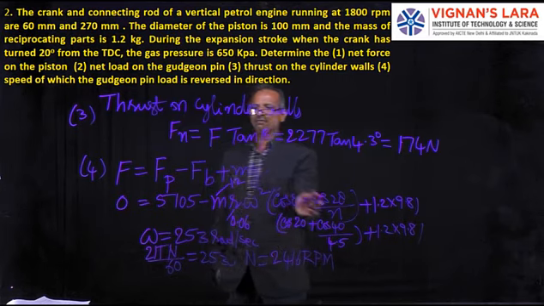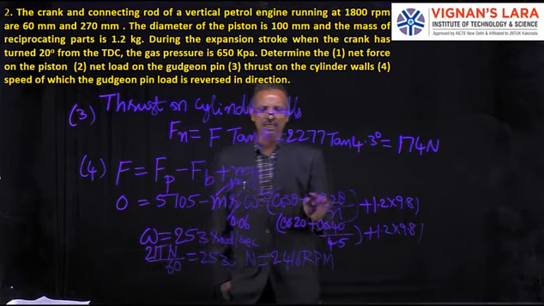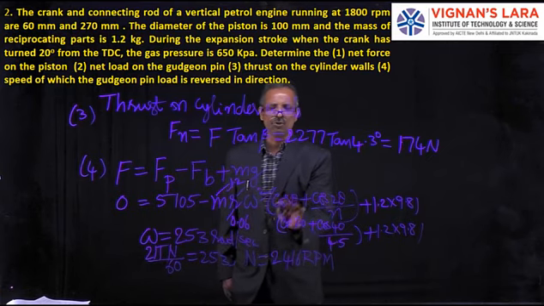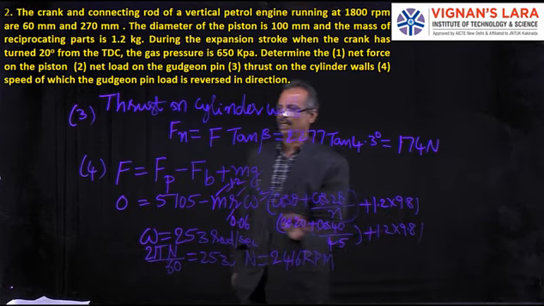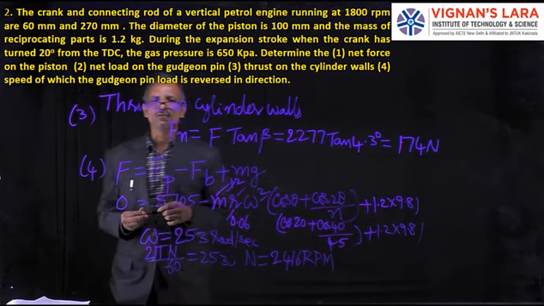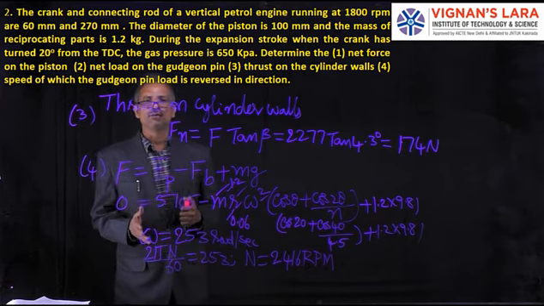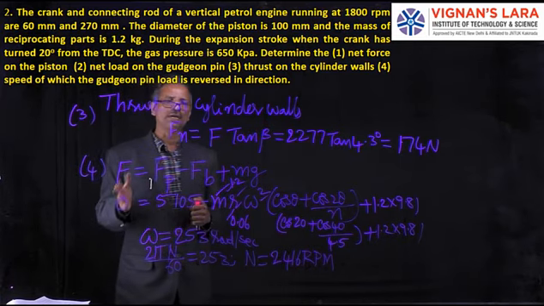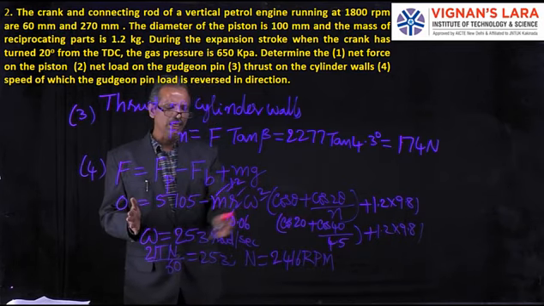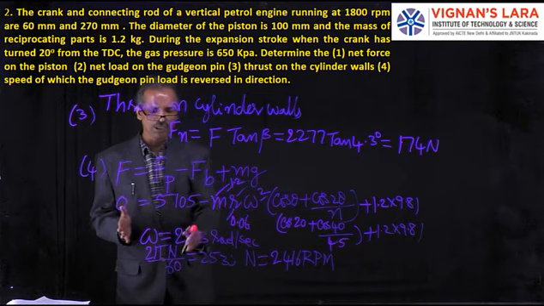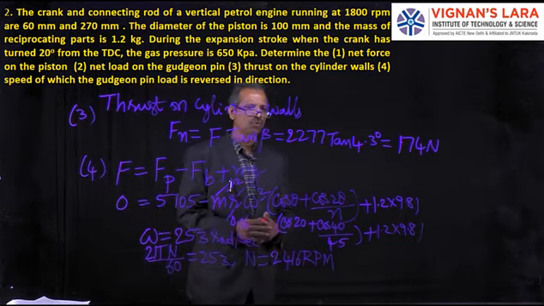So in the above equation you substitute the m value and r value, omega is unknown, don't substitute. Theta is 20, n is 4.5. He has asked the speed at which the gudgeon pin load is reversed in direction, where it becomes 0, so the net force is equated to 0. Then I get my omega value by substituting, omega is 2 pi n by 60, and then I get my value of n, that is 2416.